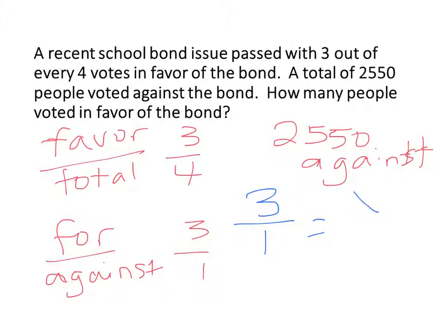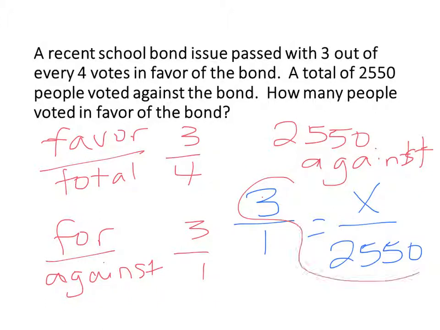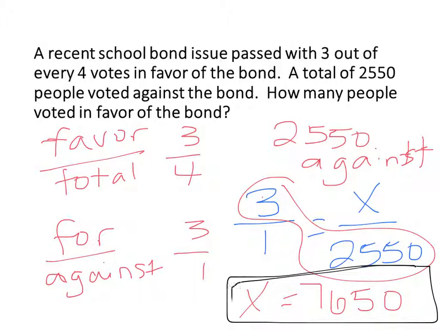We want to know how many people voted for the school bond over the 2,550 that voted against it. Cross multiply and divide. 3 times 2,550, that's 7,650, is equal to x. So 7,650 people voted in favor of the school bond.